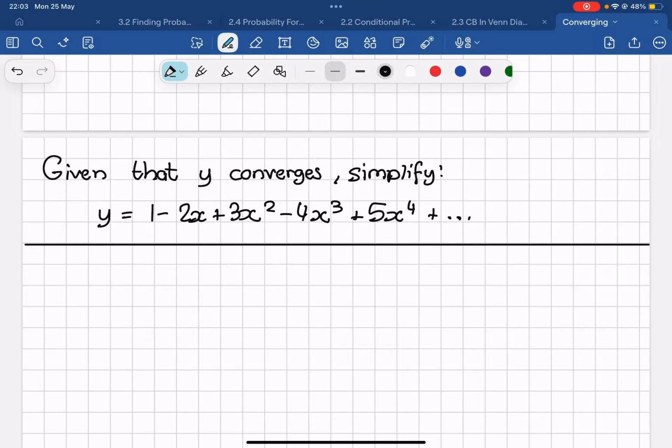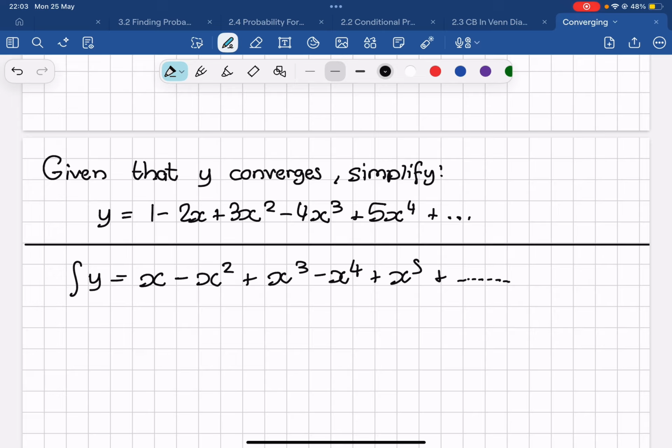So if you were to integrate y, we get x minus, add 1 to the power divided by the new power, so x squared plus, add 1 to the power divided by the new power, x cubed minus x to the 4 plus x to the 5, and so on and so forth.